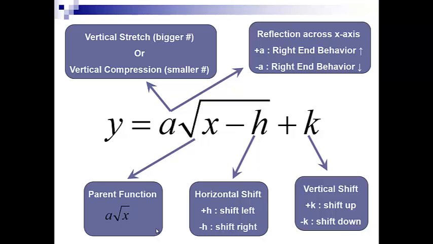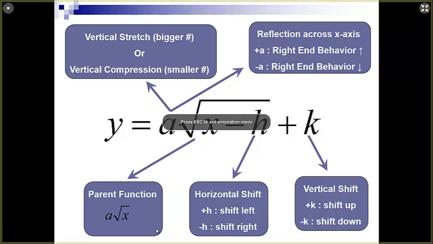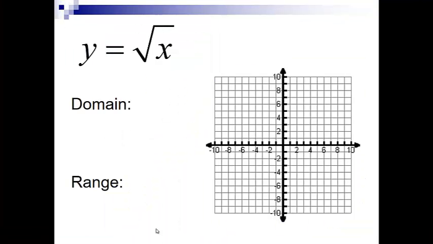The other thing to note is that your k is always what your range is based off of, and that's been like that for a few other graphs as well. But remember, this is range based. When I say range, I mean domain versus range.